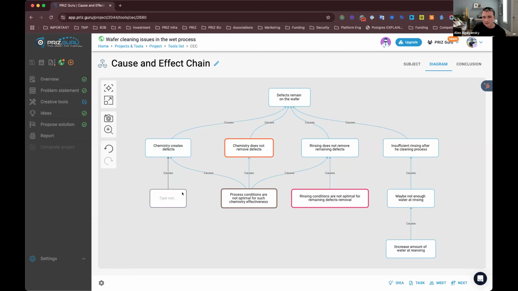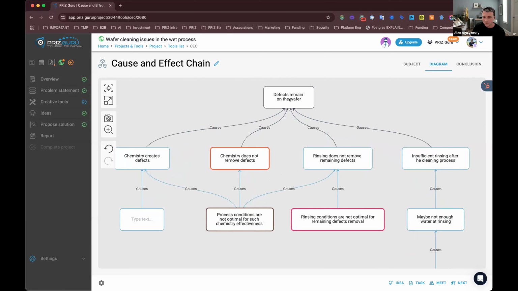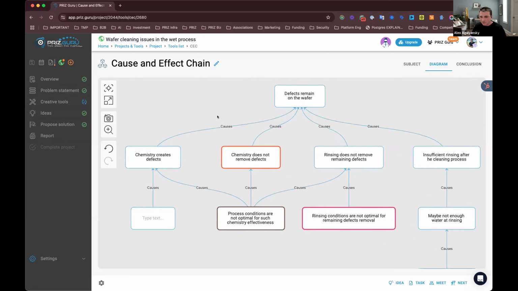Now, an important thing to mention: the more detailed we are in the descriptions of these causes, nodes and failures, the better the result from the AI. But if you think about it, even when working with a normal human being, the more details we have, the better the result will be.